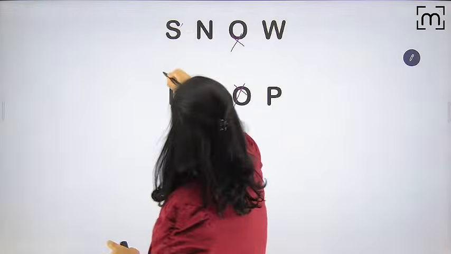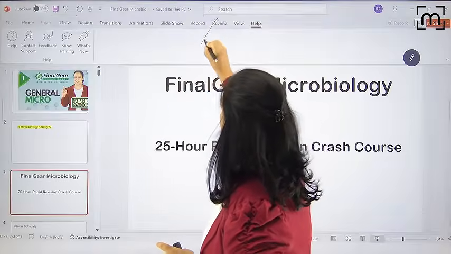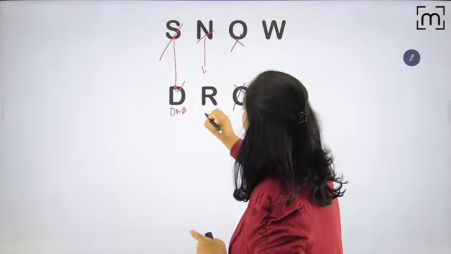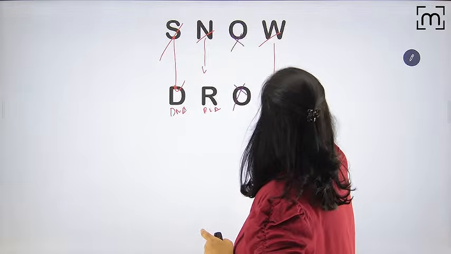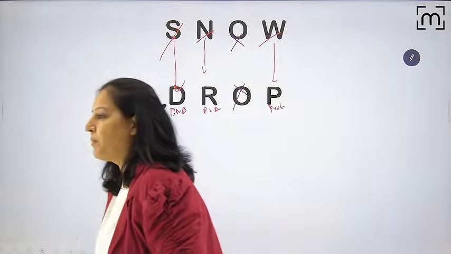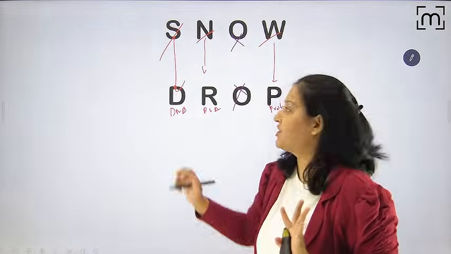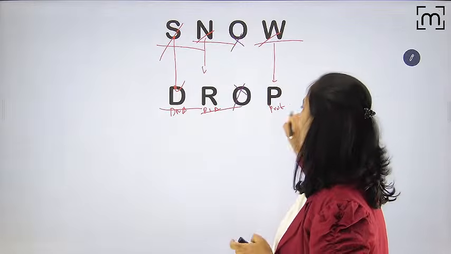Southern is for DNA, D for DNA. Northern is for RNA, R for RNA. Western is for protein, P for protein. This is how you can learn. The mnemonic is SNOWDROP. So when you get questions: Southern blot, DNA; Northern blot, RNA; Western blot, protein.